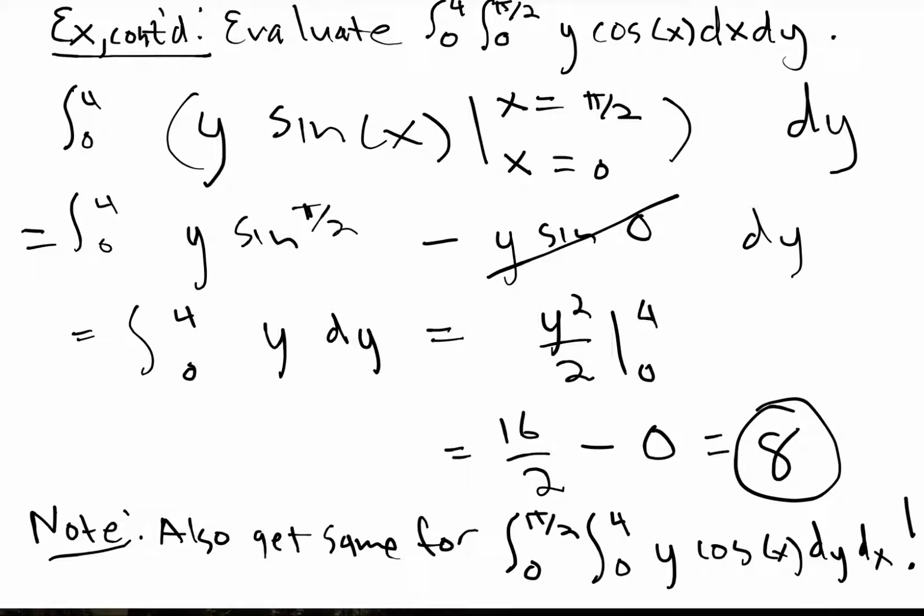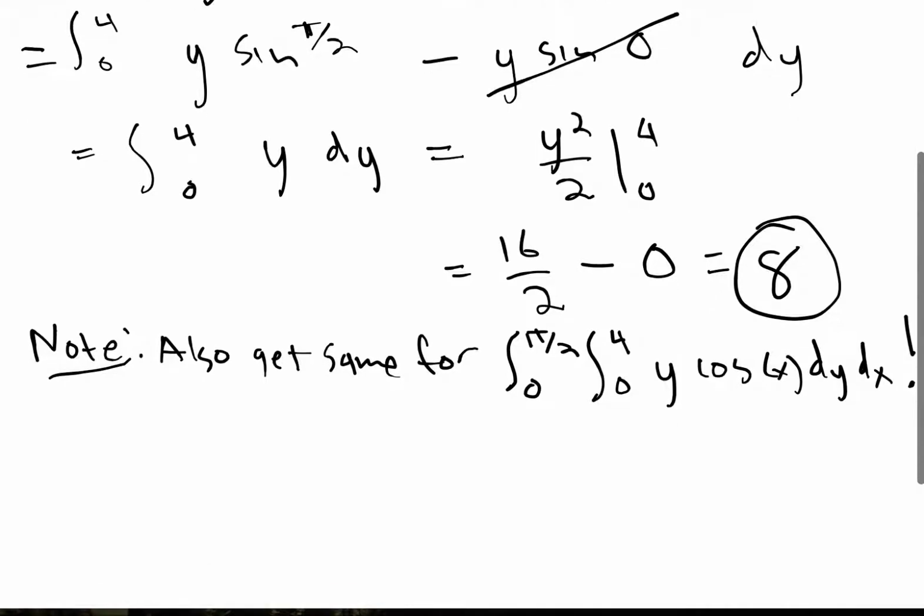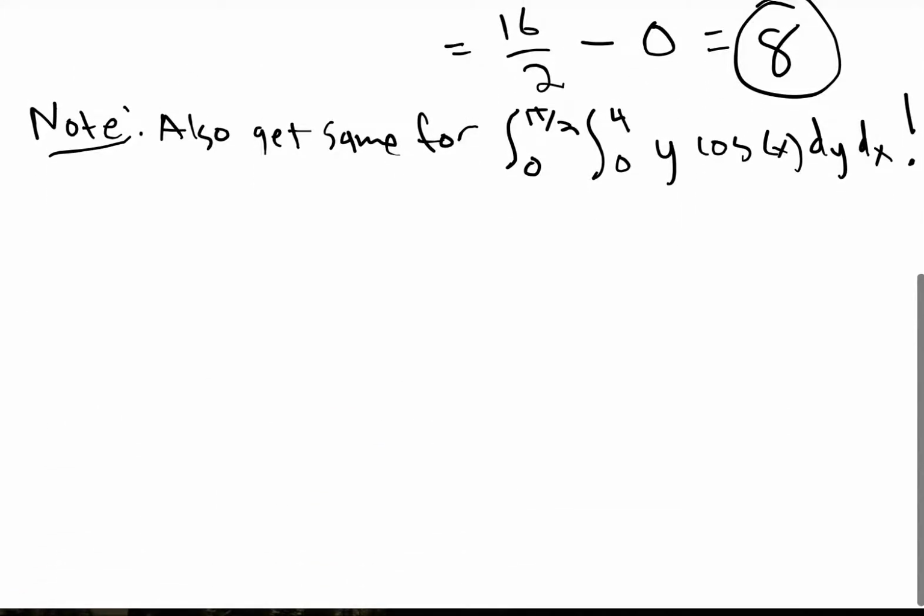So just to demonstrate super quickly here, I'll scroll down and try this one more time, just to really nail in that this truly does work. We can switch my order if we find it convenient. We're not dealing with the dx integral yet. We need to tackle the dy first. You'll note that x acts like a constant, so cosine x acts like a constant.